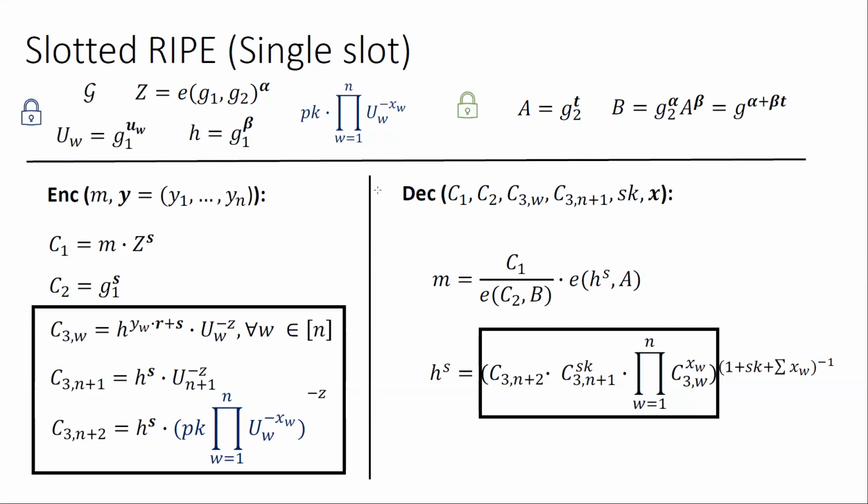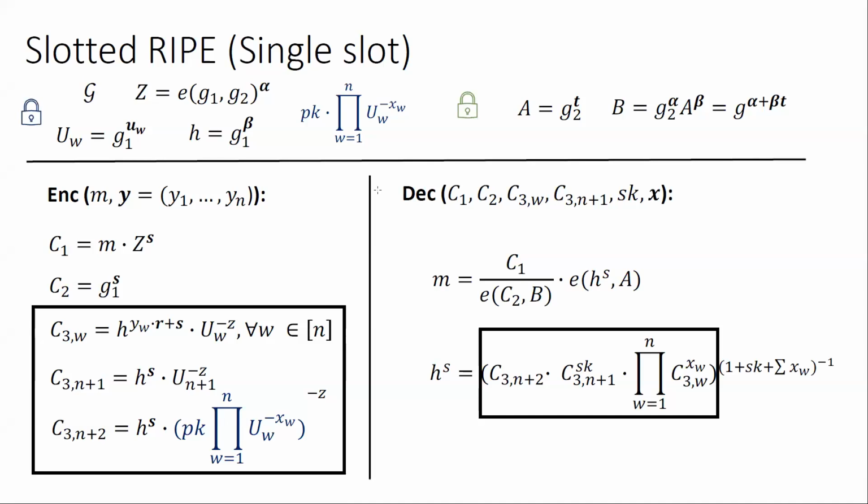How do we do that? We define ciphertext components that are related to the components of the Y vector, re-randomized, multiplied by this H to the S, and then multiplied by the key-specific terms raised to some minus.